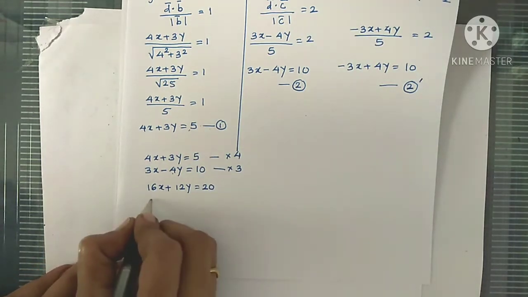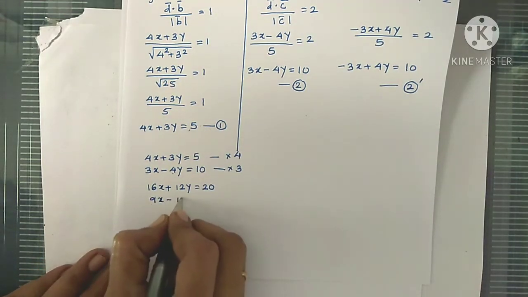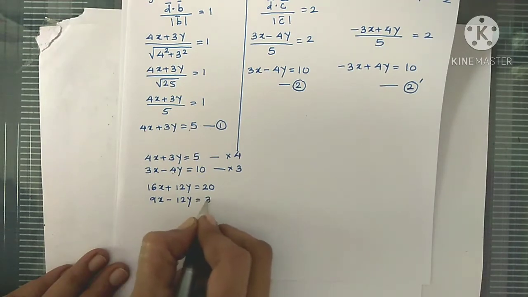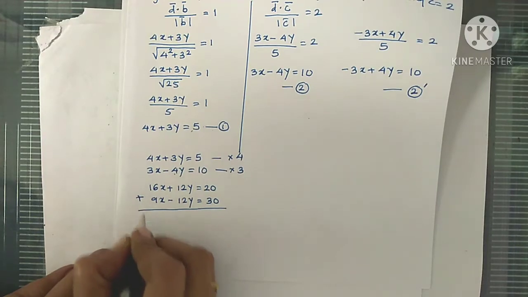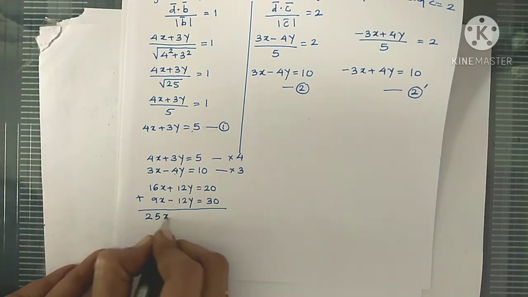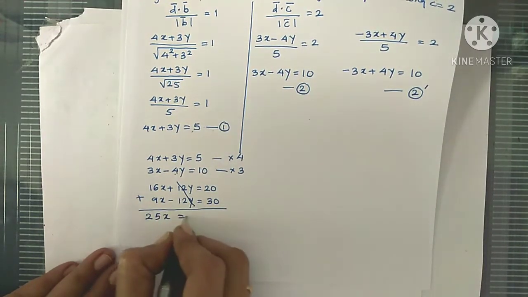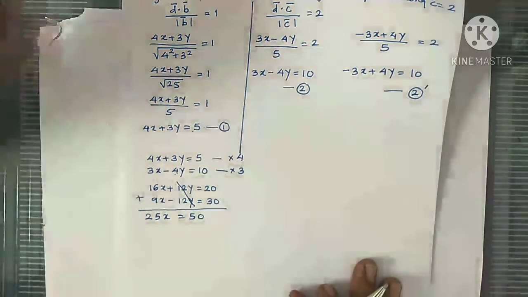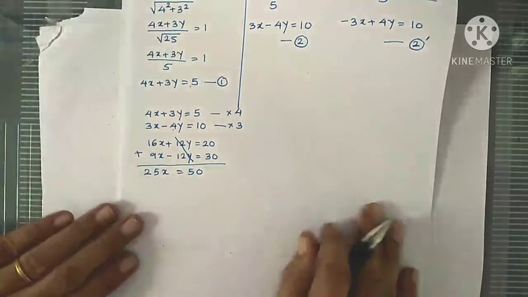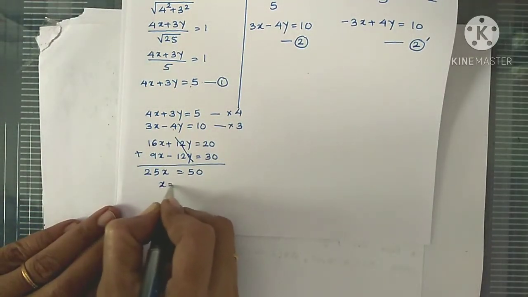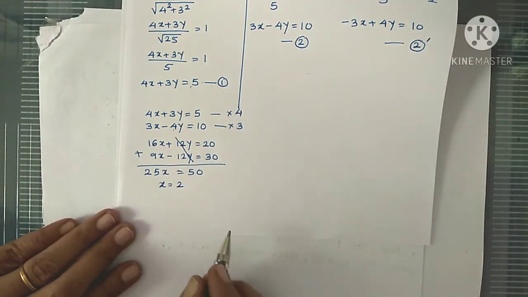In the second one we have 9x minus 12y equal to 30. Now let's add it. So adding, we have 25x, this gets cancelled, equal to 50. So 25x is equal to 50. So this gives value of x as 2. So x is equal to 2.